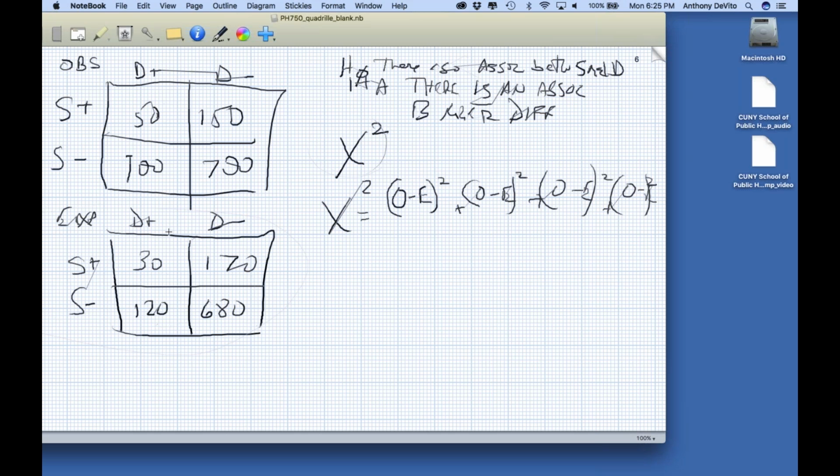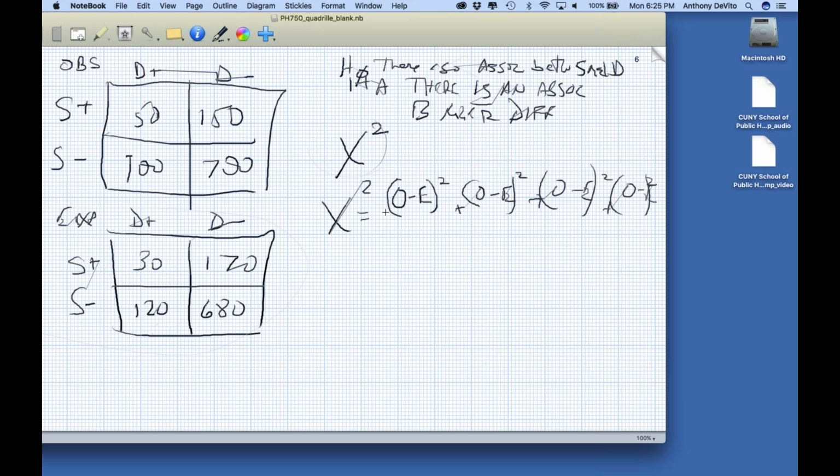And the bigger the difference is between all of these boxes, the bigger is going to be the sum of this number here. But the only problem is now these differences are magnified by the fact that I squared them.